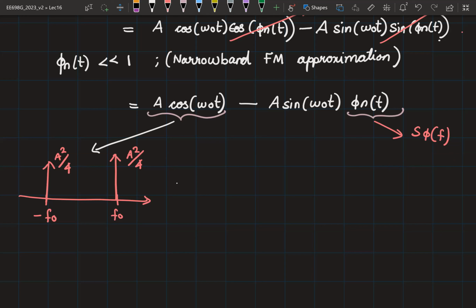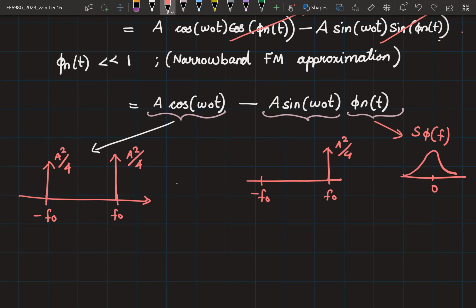Okay, sorry. So this is around DC. And let's say this is the shape of S phi of f. Now A sin omega naught t is again around f0 and minus f0. You have A square by 4 and A square by 4. Okay, so far okay?